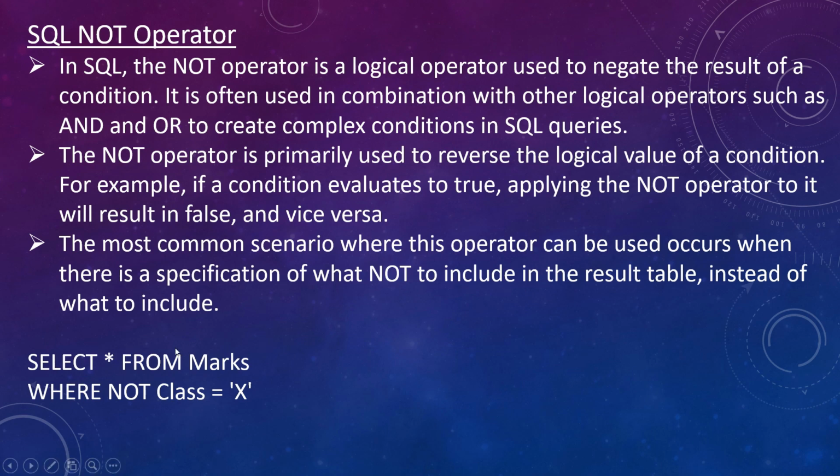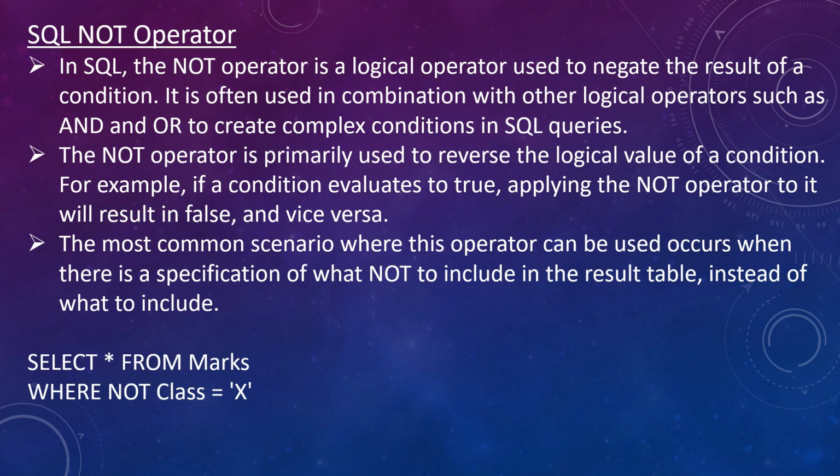For example, we have already created one table named marks. Now I want all the columns from that table, marks, but I don't want the records where class is 10th. Now instead of specifying all the classes, I can just say NOT class equal to 10th.